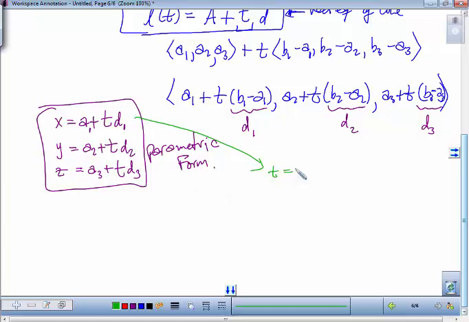If we solve for t from all these equations, then they would all be equal to t. Yeah?